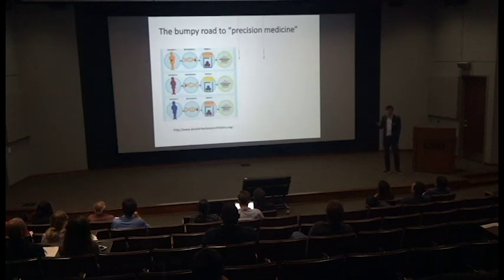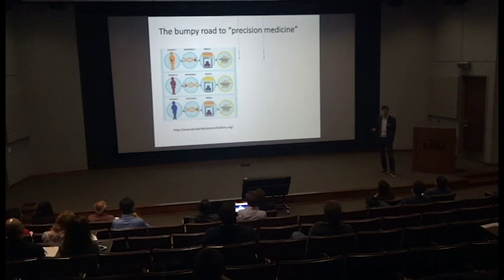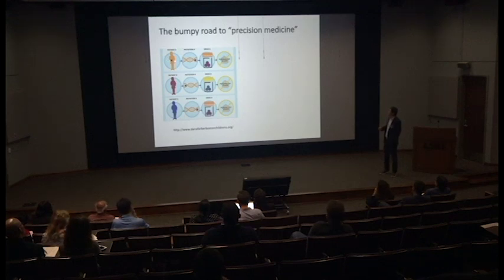But the road is really bumpy. And here's a picture about the promise of precision medicine. Imagine that we did all of the NGS analysis, and we figure out what a cancer can be related to, what target mutation.